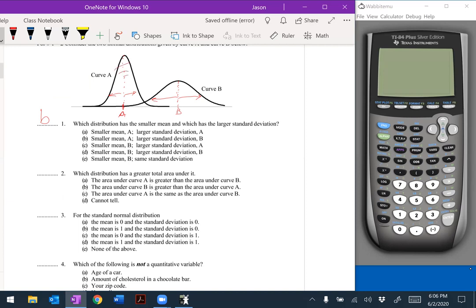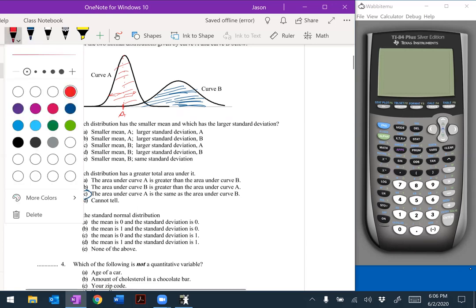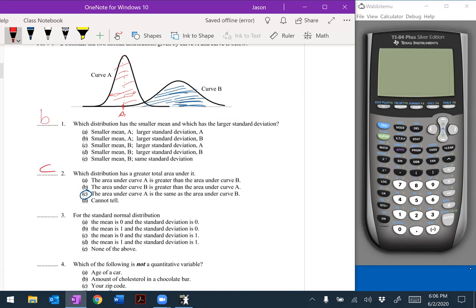If you were to eyeball the area here and the area here, and the area here, those are going to have the same area. So that would be C. Okay, and so we'll put C there for that one.